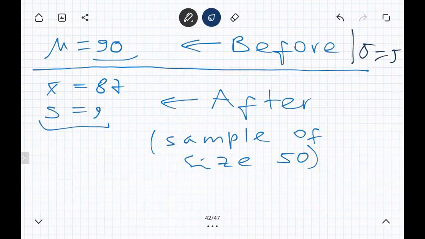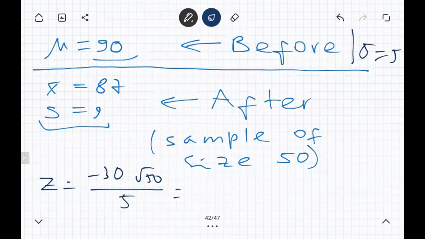Then we can use the Z-test, and our Z value would be 87 minus 90, which is minus 30, square root of 50 over 5. Why is it minus 30? It's minus 3, sorry. So let me calculate it.